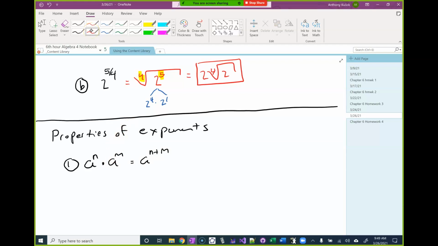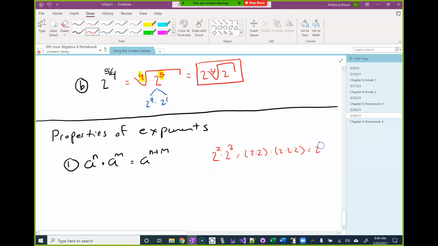So the first one is that if I have a to the n times a to the m, that gives me a to the n plus m. Just to demonstrate why that's true, if I have 2 squared times 2 to the 3rd, 2 squared is 2 times 2, and 2 to the 3rd is 2 times 2 times 2.